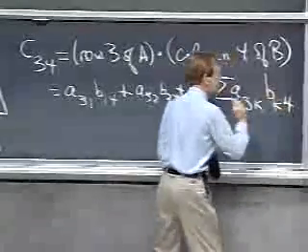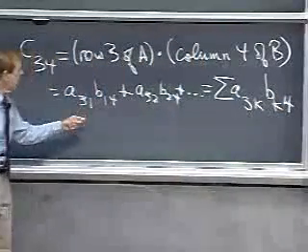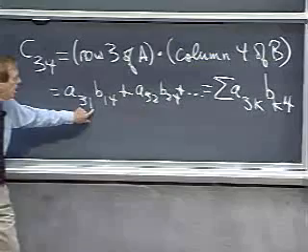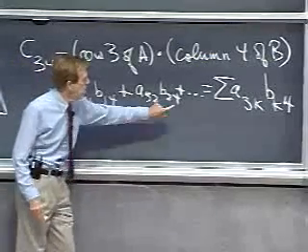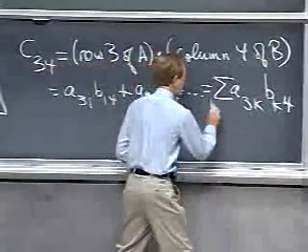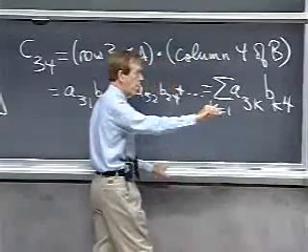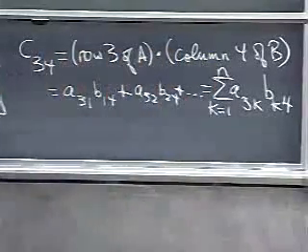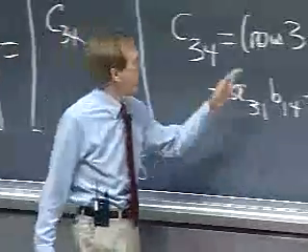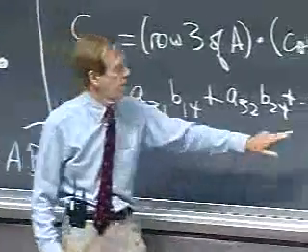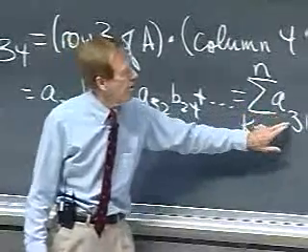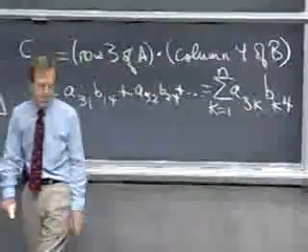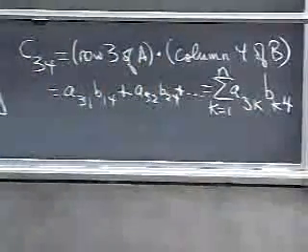Do you see that that's what we're seeing here? Here k is 1, here k is 2, and so on, so the sum goes all the way along the row and down the column, say 1 to n. So that's what the C34 entry looks like, a sum of A3k times Bk4. It just takes a little practice.